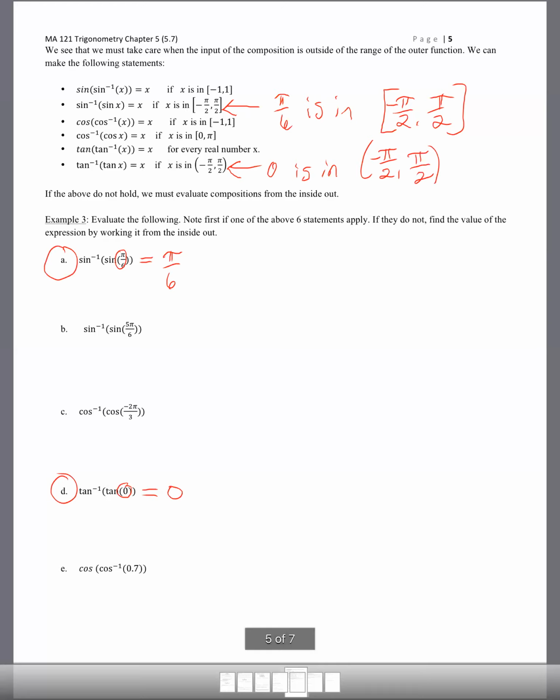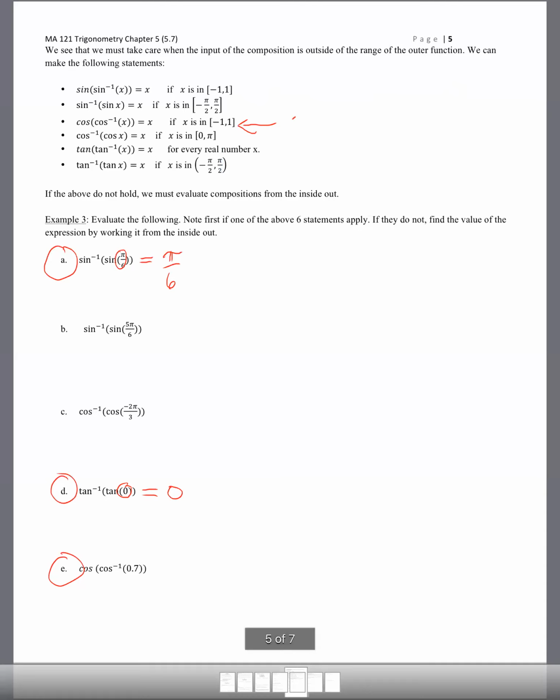And very similarly, if I look at E, the cosine of cosine inverse of 0.7, I can note that 0.7 is in the interval -1 to 1.